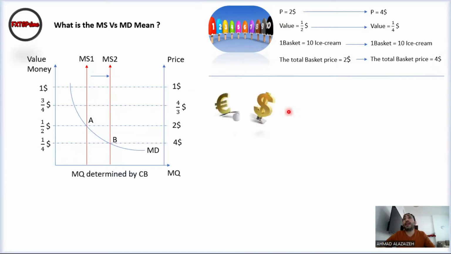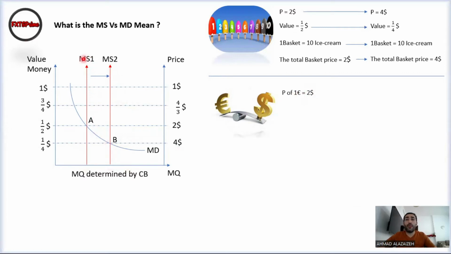So now let's think about this from the money point of view. Let's say that I am going to buy euros and I want to purchase them with dollars. Using the same chart, let's say that the price for €1 equals $2.